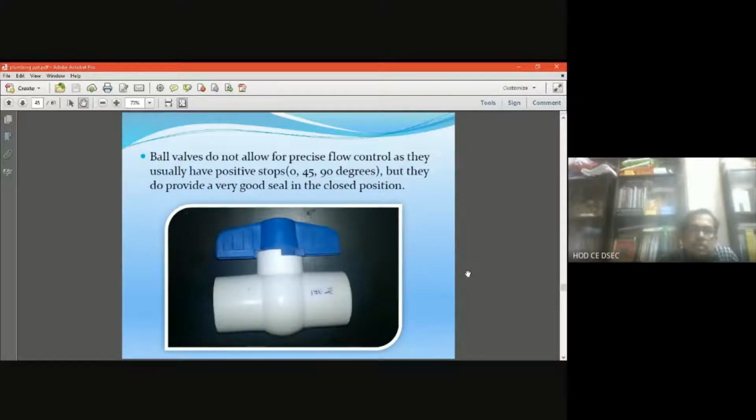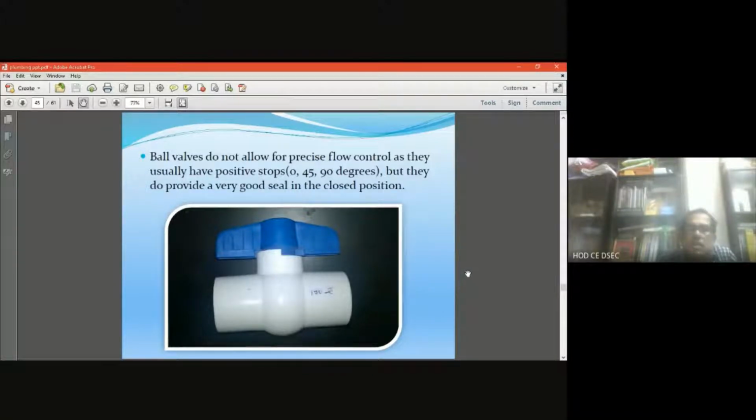Ball valves do not allow for precise flow control, because it is rotated either 45 degree or 90 degree. So either full flow, half flow, or totally closed. They usually have a positive stop at 0, 45 and 90 degree.